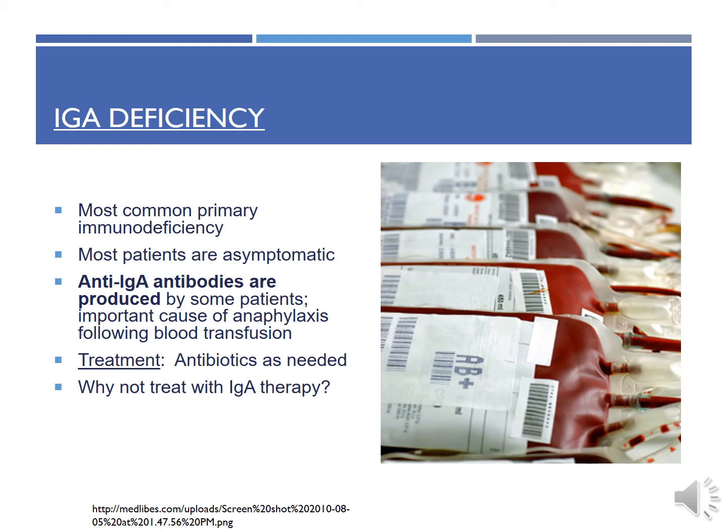The main reason is we may develop anti-IgA antibodies and therefore cause anaphylaxis. So this is why IgA therapy is highly not recommended. Usually we'll just treat the infection with antibiotics.